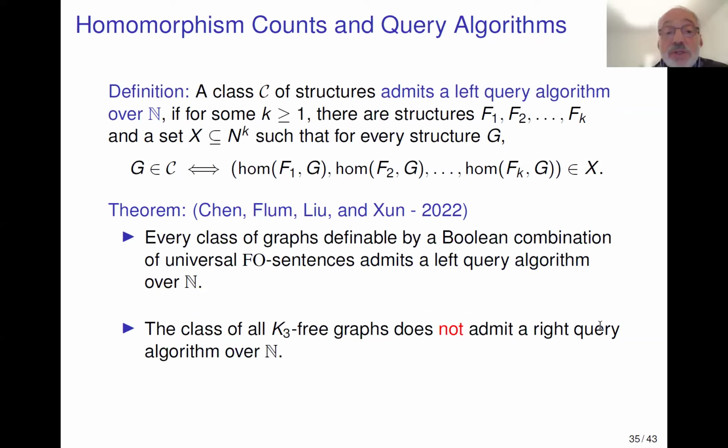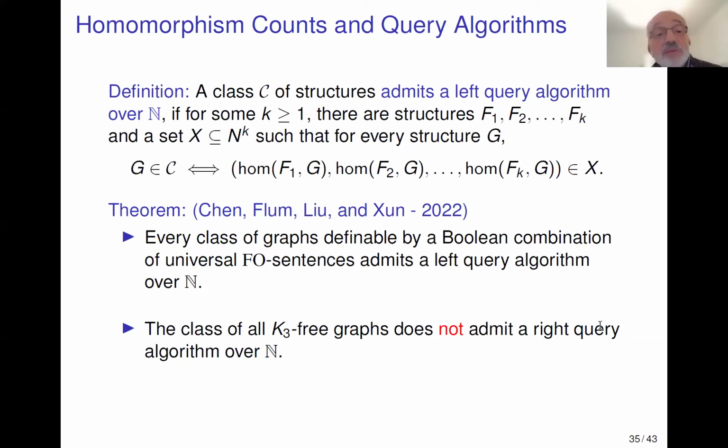They introduced the notion and they proved some interesting results. For instance, they proved that every class of graphs definable by a Boolean combination of universal first-order sentences admits a left query algorithm over the natural numbers. So you can do that from the left, Boolean combinations of universal sentences.